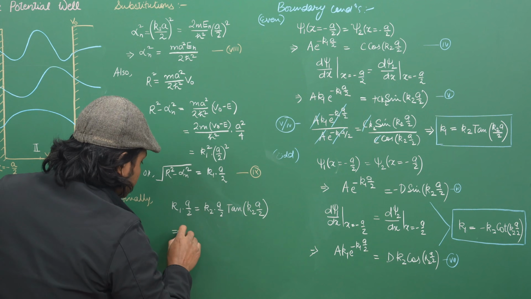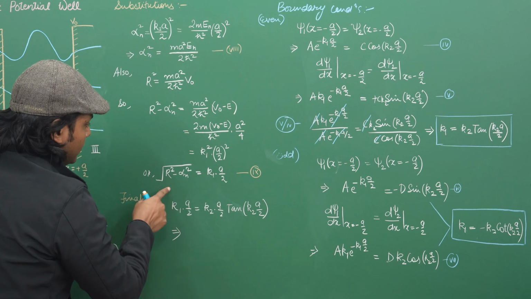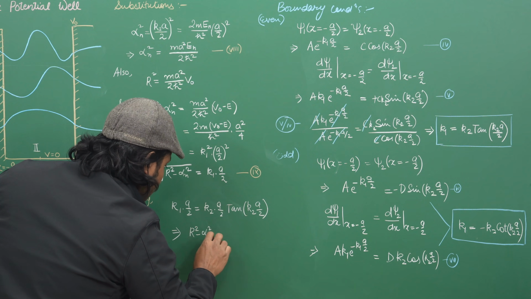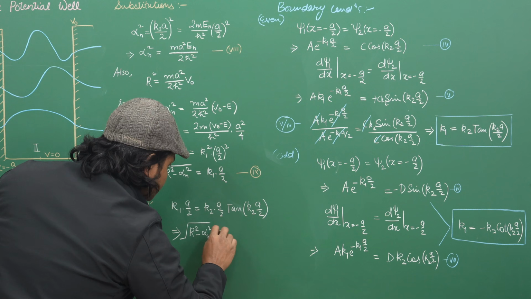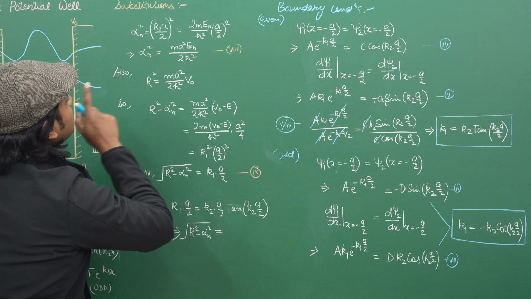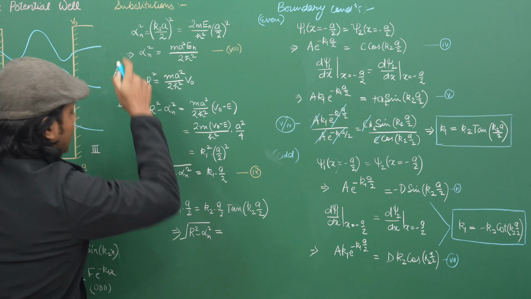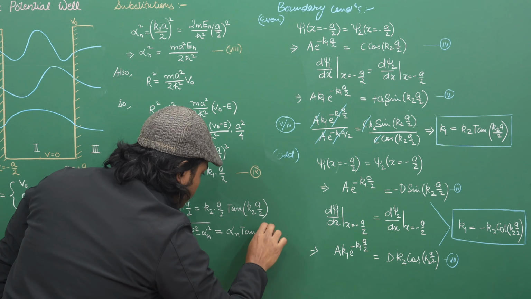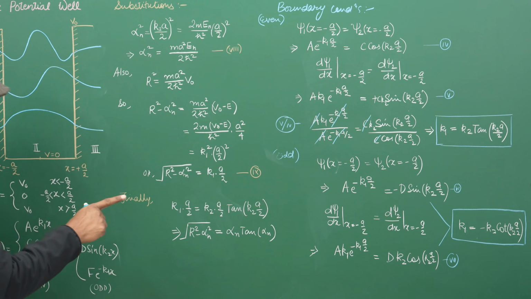Alright, so this simply becomes K1 a upon 2, which is root over capital R square minus alpha square, is equal to K2 a upon 2, which is alpha n, tan alpha n. First equation.